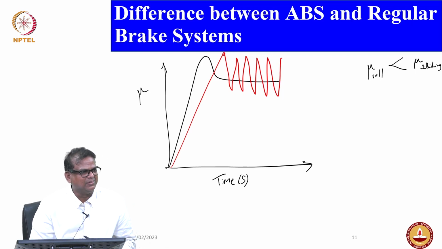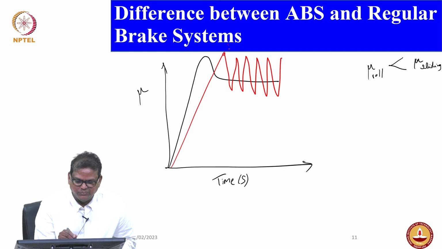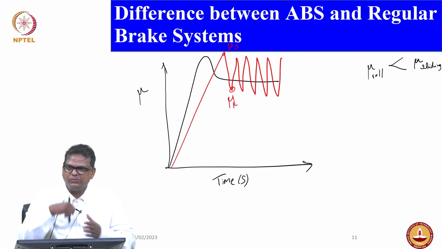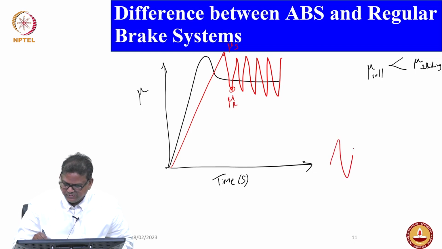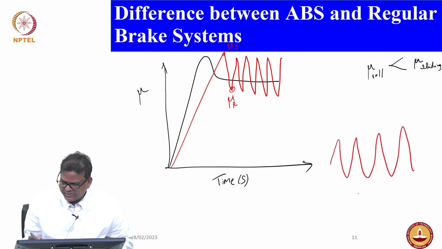It's the sliding friction, right? High friction is sliding friction, mu s, and this is your rolling friction, mu r. So you are creating what is called the stick slip phenomenon. Have you heard about the stick slip phenomenon?